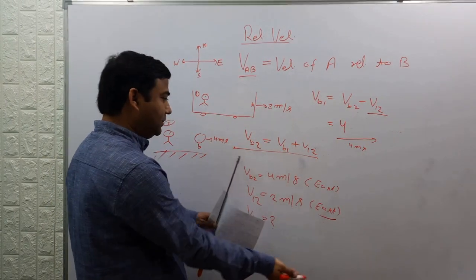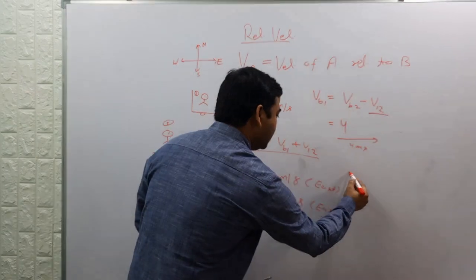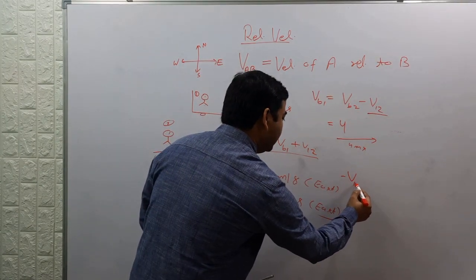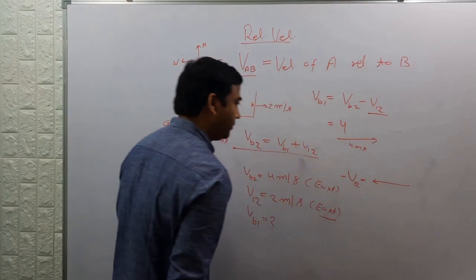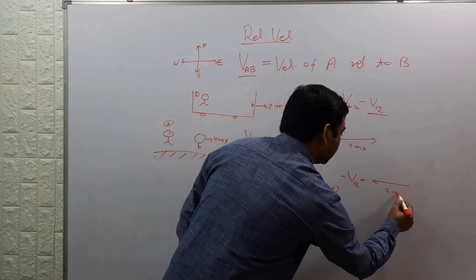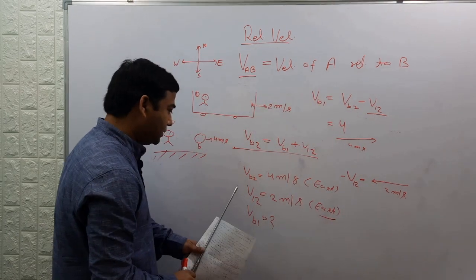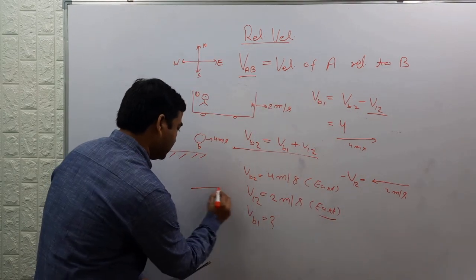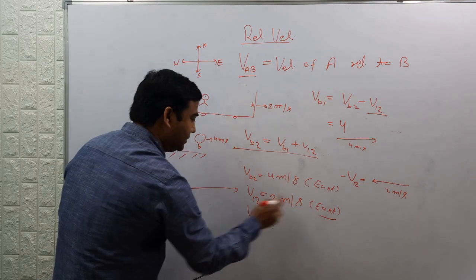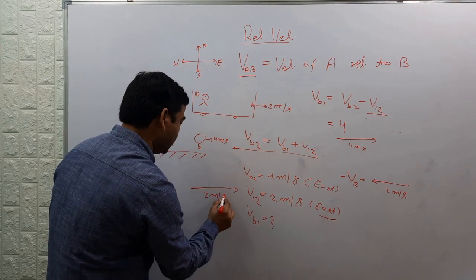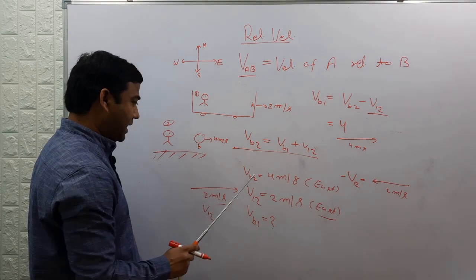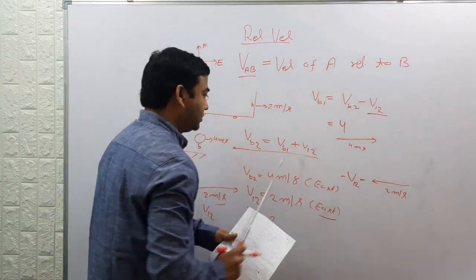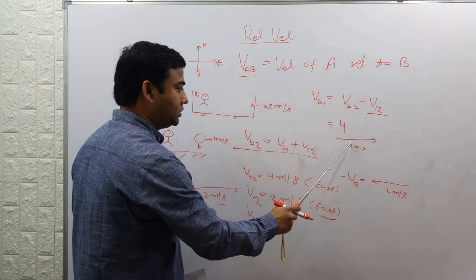Minus will be the reverse direction. That is, minus V12 is this vector, 2 meter per second, because V12 is this vector, east direction, 2 meter per second. And VB2 is also in the east direction, so this is given.